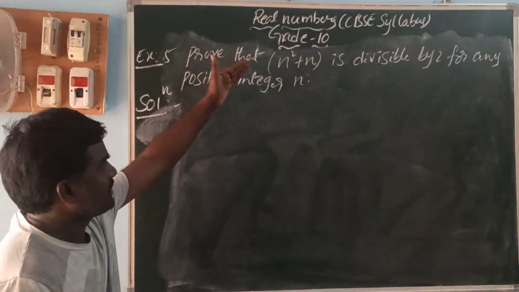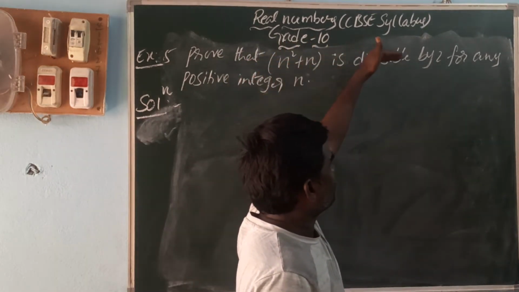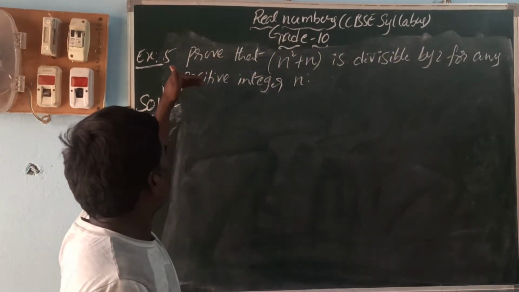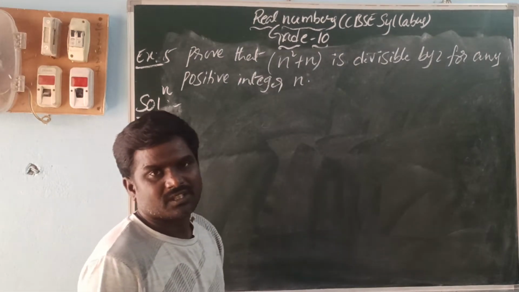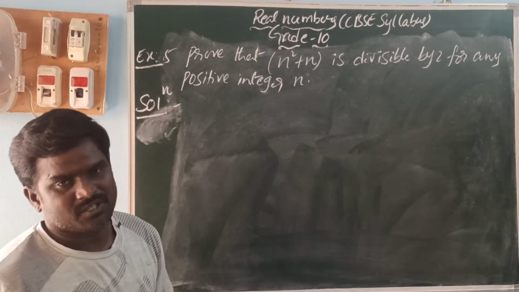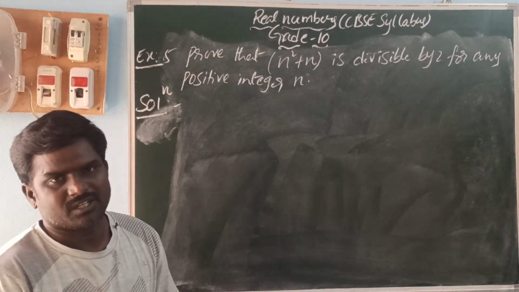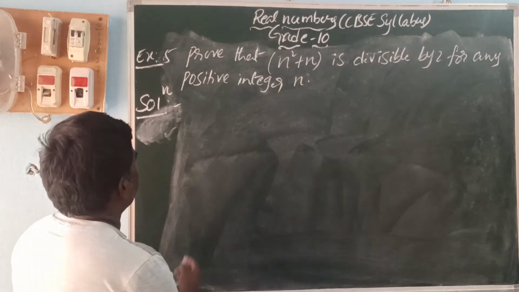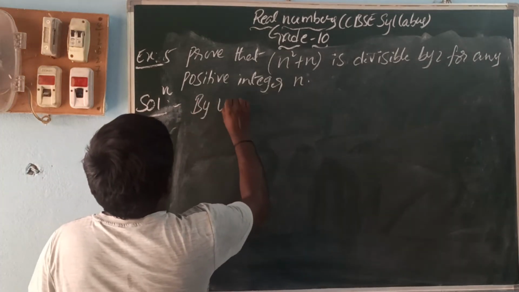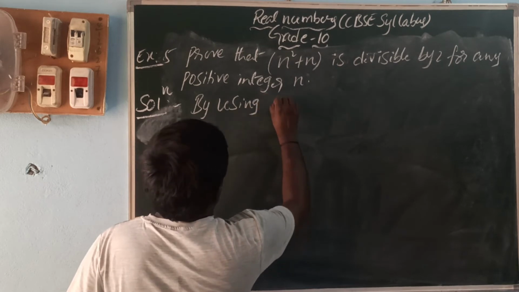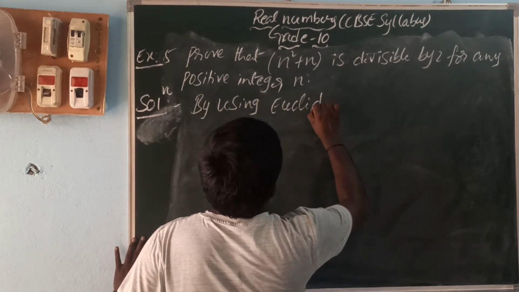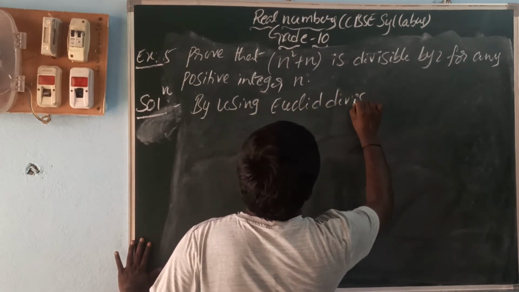Next, prove that n square plus n is divisible by 2 for any positive integer n. Okay, here, by using Euclid division lemma.